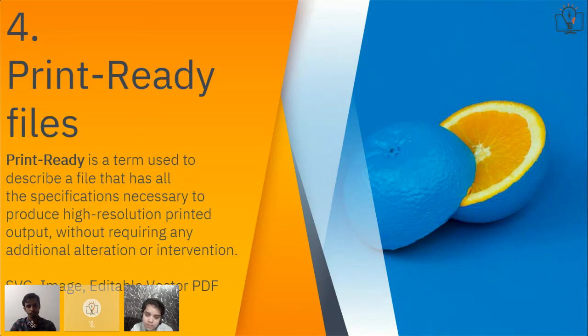However, as you can see on the screen, they are available in many formats like SVG, image, or editable vector PDF. In fact, there are many, so on and so forth. You can have as many as you want. However, the standard approach that the print industry usually demands is the vector form of it, like the SVG, the first one, or the third one, the vector PDF.